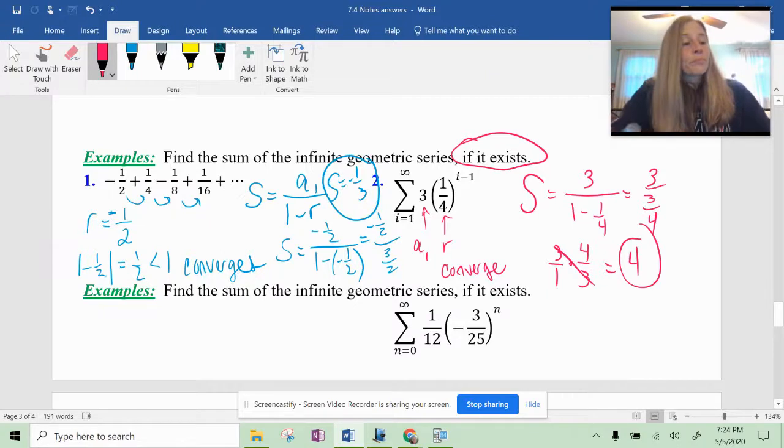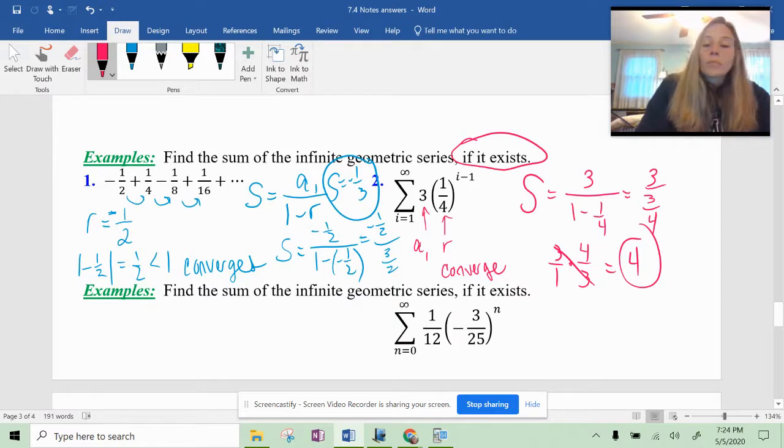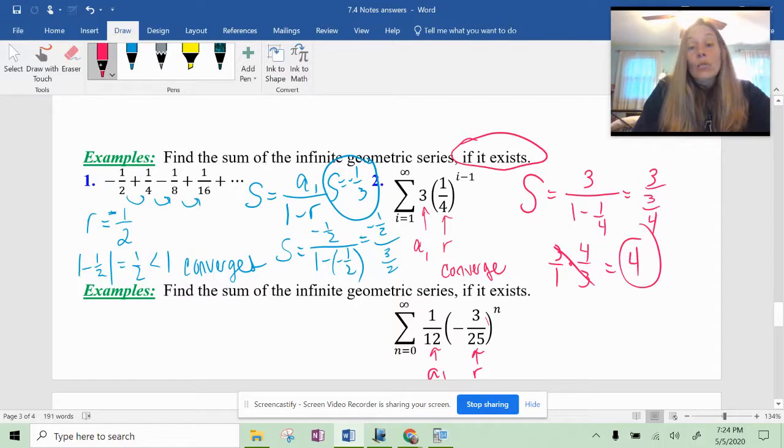Okay. All right, then the next one here, we have one more, it looks like. So this one here would be, this is our a sub 1. This is our r value. Again, it's a fraction, so the absolute value of that number is less than 1, so we can calculate this one. It will be converging towards something. So the sum is the a sub 1 over 1 minus the r.